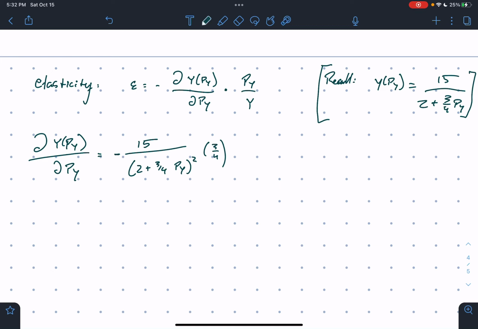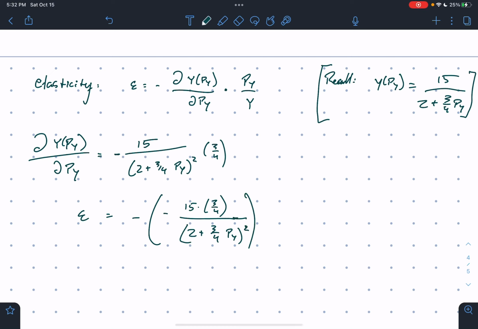And this means that the elasticity is going to be negative 15 times 3/4 over (2 plus 3/4 py), all of that squared, times py over y of py, just to make it clear that this depends on the price, where y of py up here is 15 over 2 plus 3/4 py.